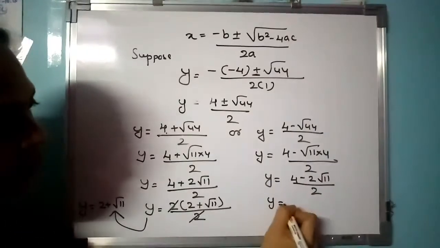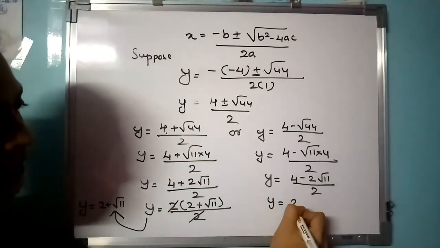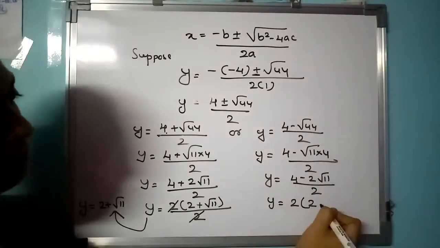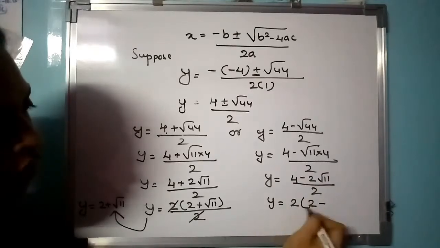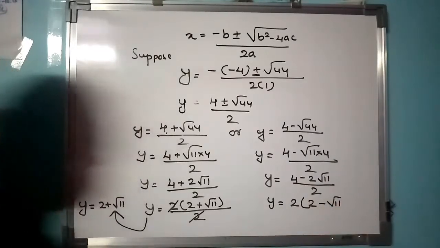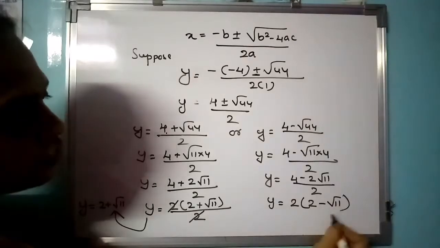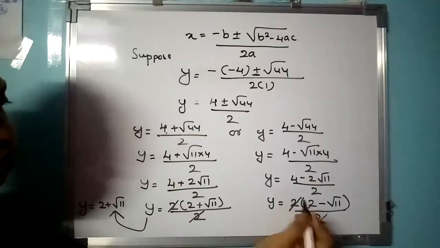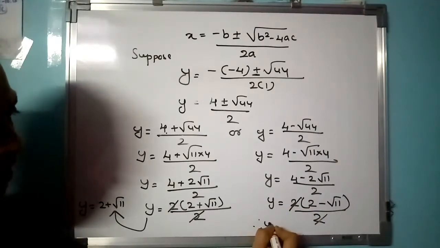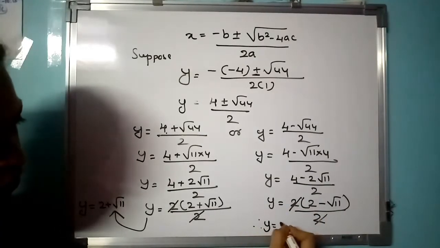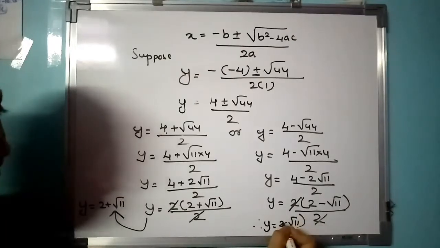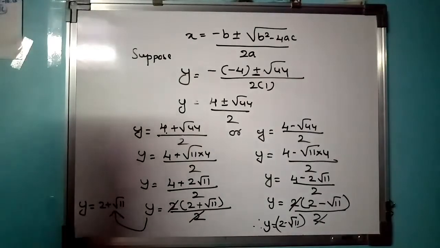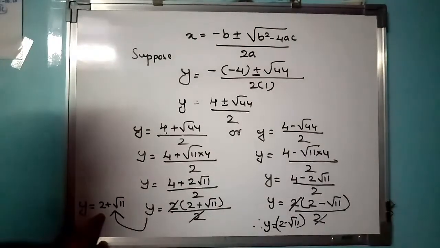Now common, y is equal to 2 into 2 minus root 11 as it is upon 2 as it is. Now let's cancel, 2 ones are 2, y is equal to 2 minus root 11. So here we have the roots of the equation: 2 plus root 11 and 2 minus root 11.